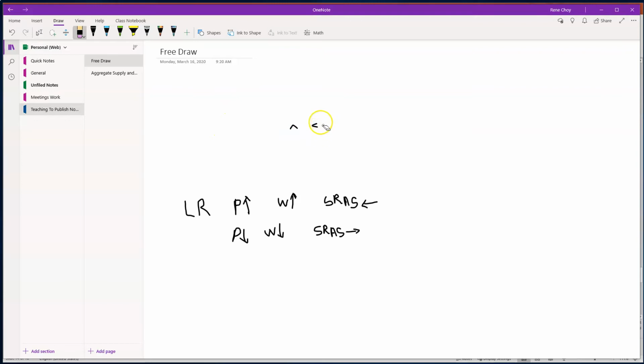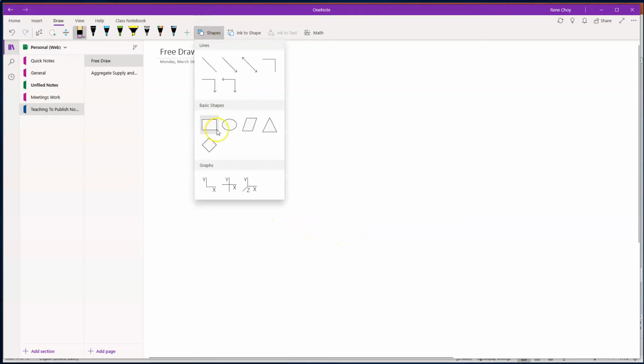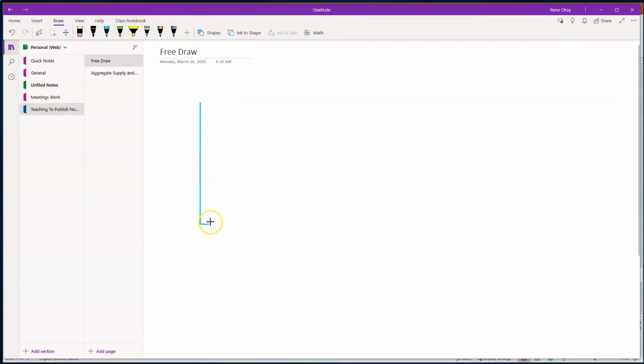Now let's understand a full cycle here. So let's go long run, short run in the same graph, and we'll see if that works. All right, so we'll put our labels here. We've got our price level.